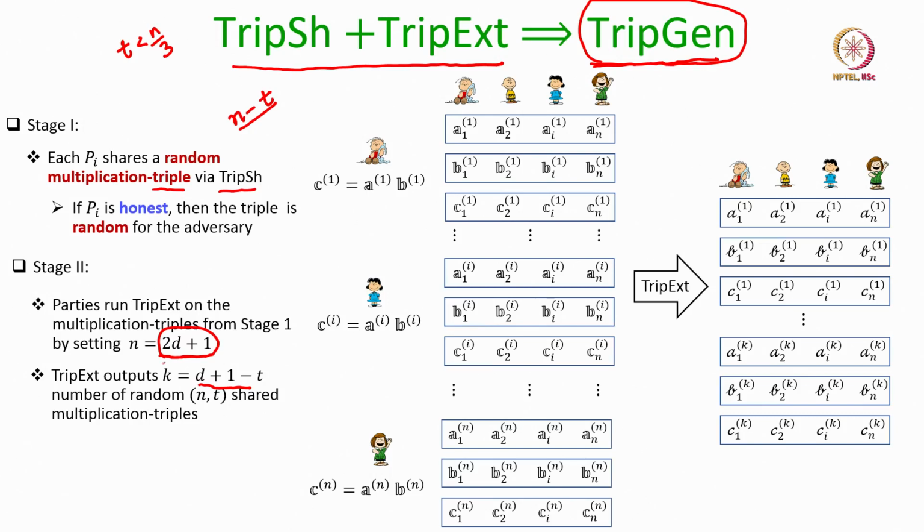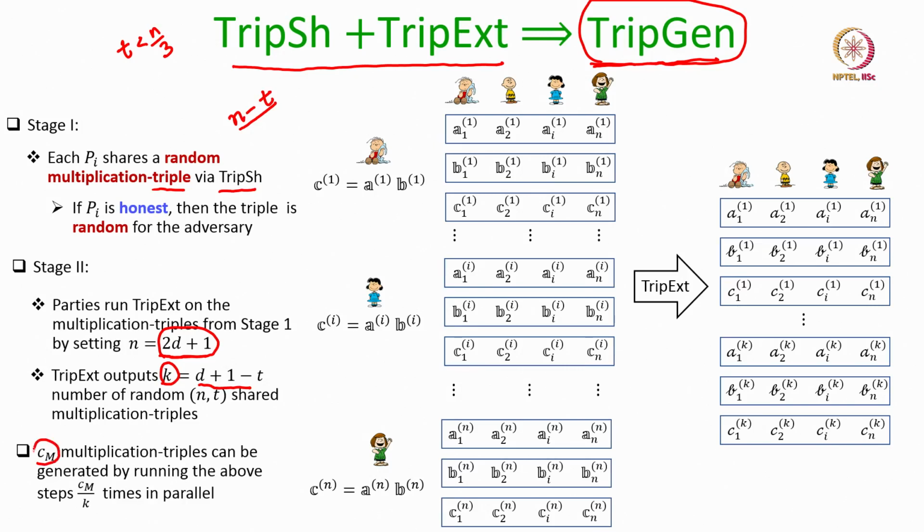So, by doing this stage 1 and stage 2 we are able to get k number of random multiplication triples. If the goal of the pre-processing phase is to get Cm number of random secret shared multiplication triples, then the above procedure can be executed in parallel Cm over k number of times.